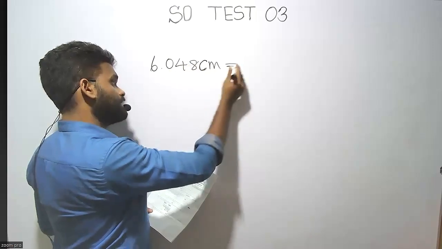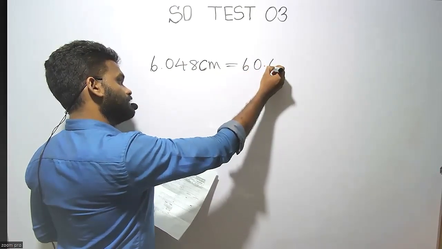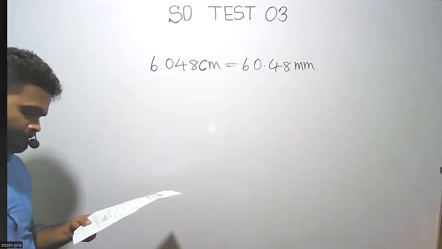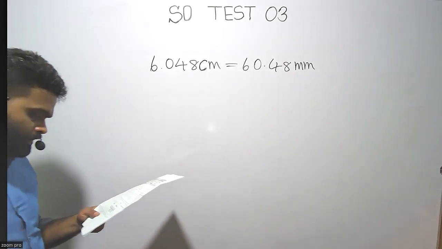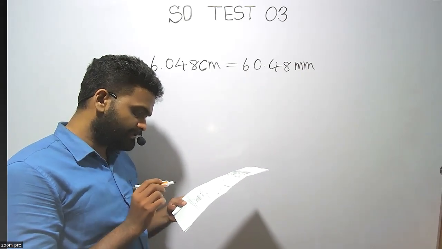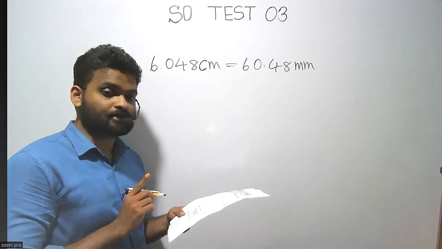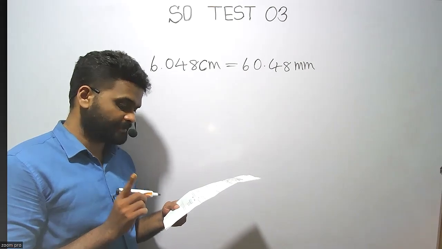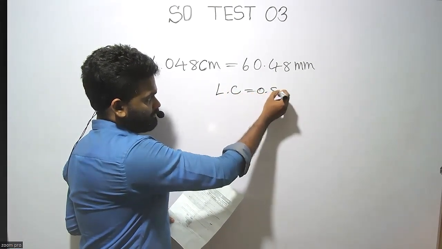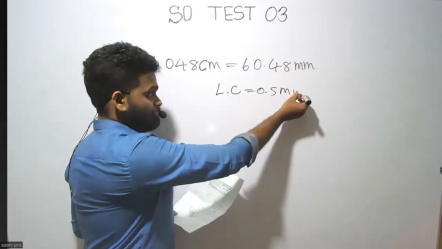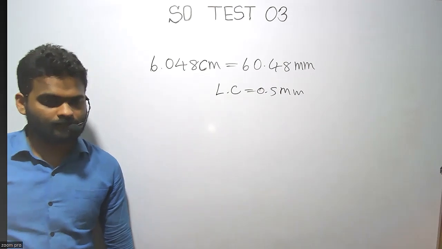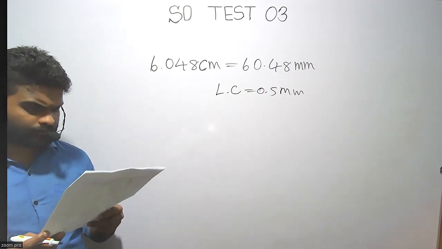Just multiply by 10, right? So this becomes 60.48 millimeters. What they ask is the number of vernier parts that coincide for this measurement. They have given the least count as 0.5 millimeters, right? Many students have found this somewhat hard. We'll see how to do this.